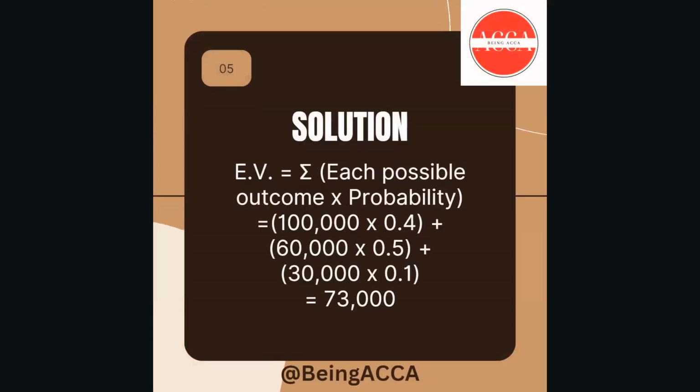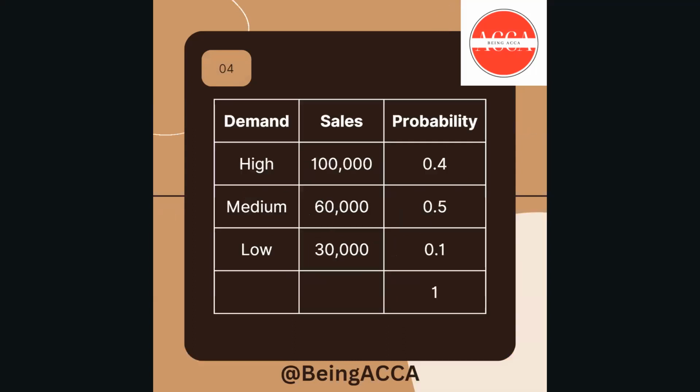We just multiply the probability with the revenue that we would be earning. For 40% probability in the time of high demand, we make a revenue of $100,000. So, 40% multiplied by $100,000, plus $60,000 multiplied by 0.5.